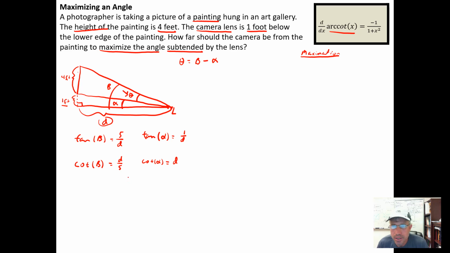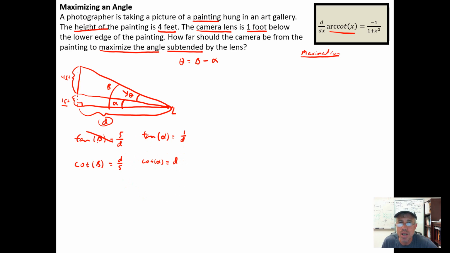And so the idea is that either one of these can be used to solve this problem, but the cotangent function is going to be the better choice in this case, because with the variable, the unknown quantity we're trying to solve for, in the numerator position, it's going to make taking derivatives easier to do, and there's going to be a lot less algebra involved if we use the cotangent function as opposed to using the tangent function.